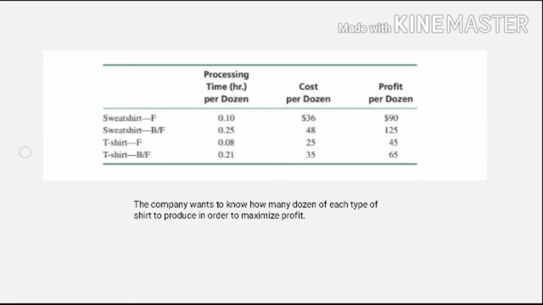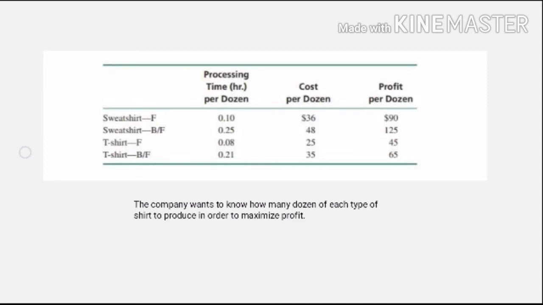The time is 0.10, the cost is $36 and its profit is $90. Under that is the sweatshirt with the back and front printing with the processing time of 0.25. Cost per dozen is 48 with a profit per dozen of 125.